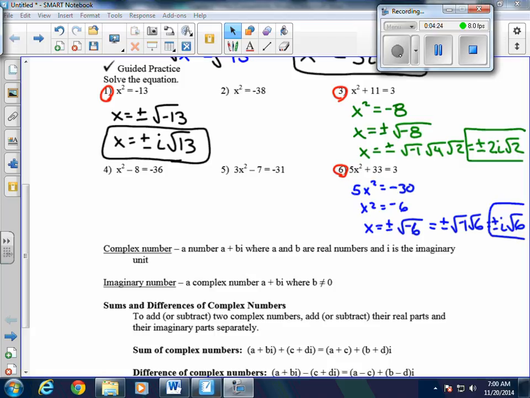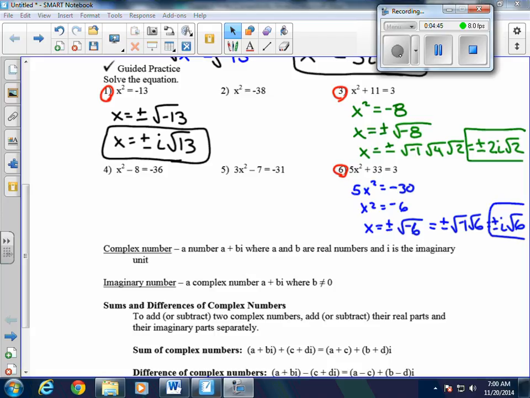And there are the answers to questions 1, 3, and 6. Notice every time you take the square root, you have to have the plus or minus. Anytime we have the square root of a negative number, we're going to pull that negative out. And it's going to become an imaginary number.